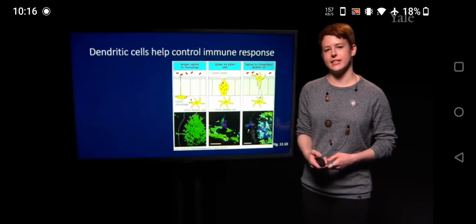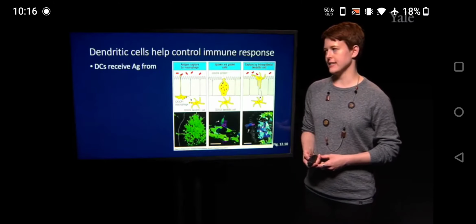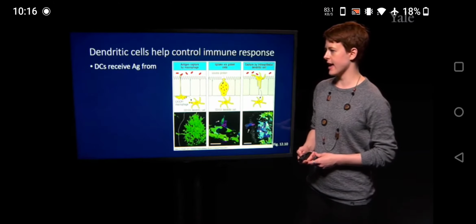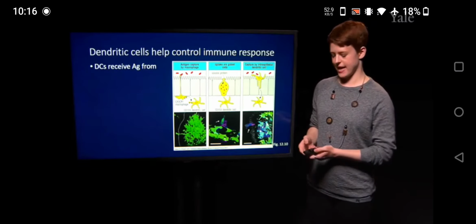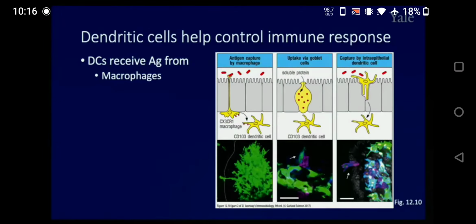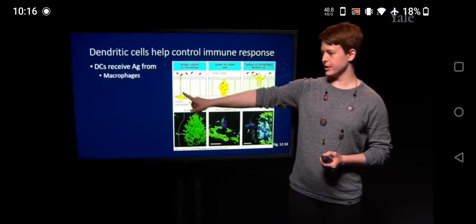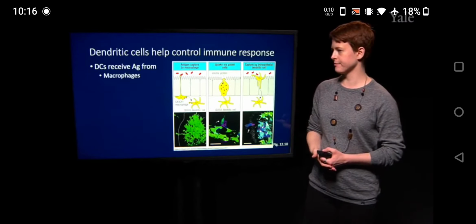Dendritic cells are particularly important in the mucosal layer, and there are several ways that they can receive antigen. You can see this in figure 12.10. First, macrophages, which you can see here crossing the lumen, will take up antigen, transport it across the epithelium, and present it to dendritic cells.